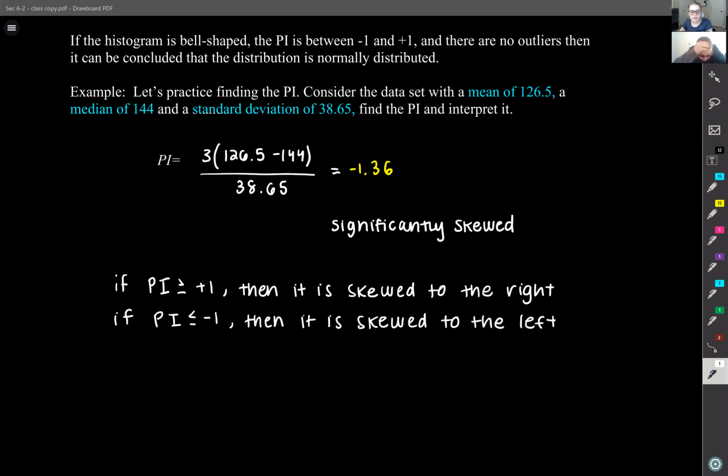Yes, okay, that's correct. So if it's greater than or equal to +1, it's skewed to the right. And if it's less than or equal to -1, then it's skewed to the left. Okay, yes. So that is a good question to ask. So there you are. I don't know that I would ever ask you it, but great question. So good to know.